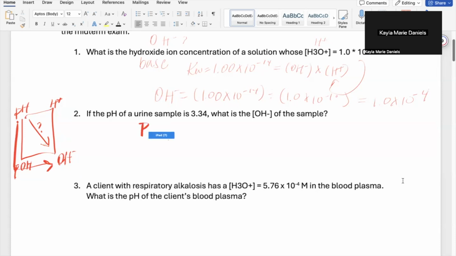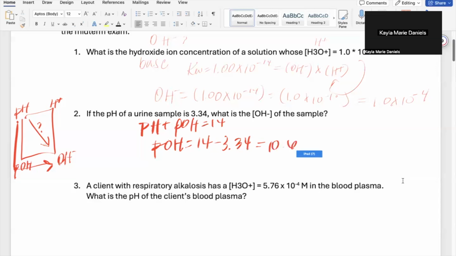So pH plus pOH equals 14. To find pOH, I can do 14 minus 3.34, which equals, that's where we got the calculator, 10.6. All right, so that's my pOH. So now I'm here and I can go to OH minus.